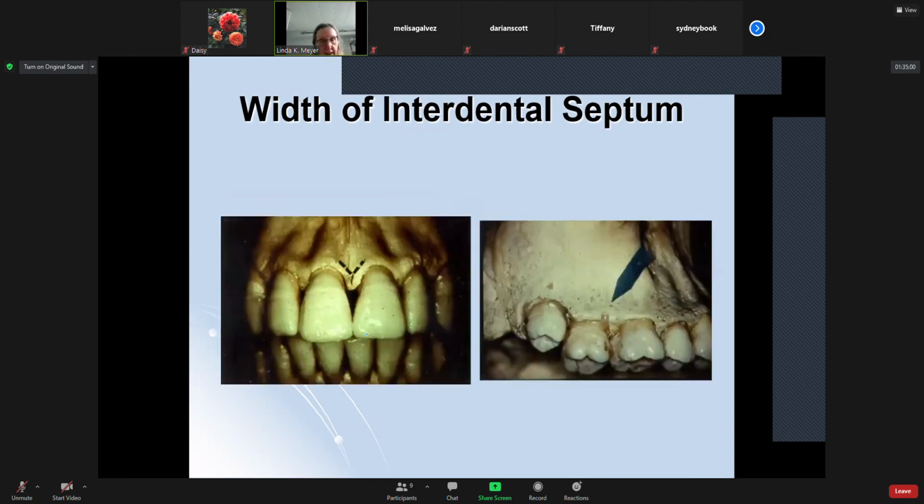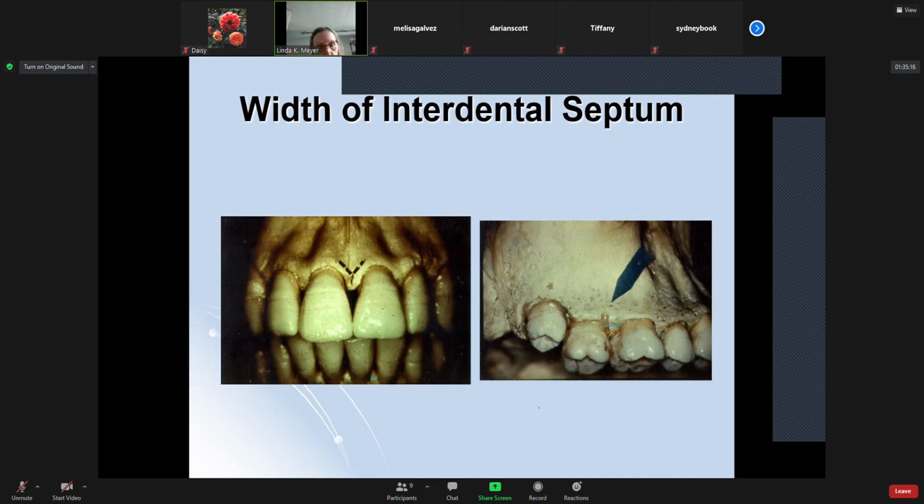And if we go to these pictures here, these are different magnifications. That's why it may not look that way, but this is narrower in here and wider in here.